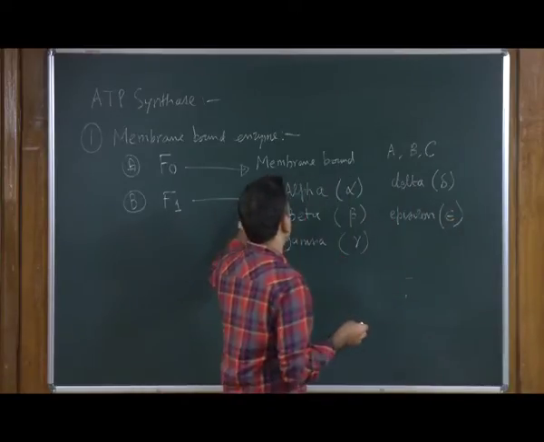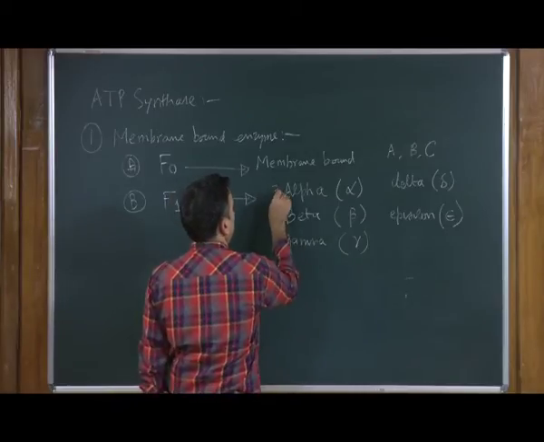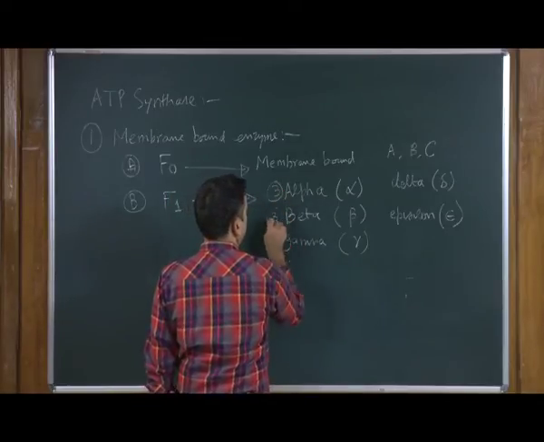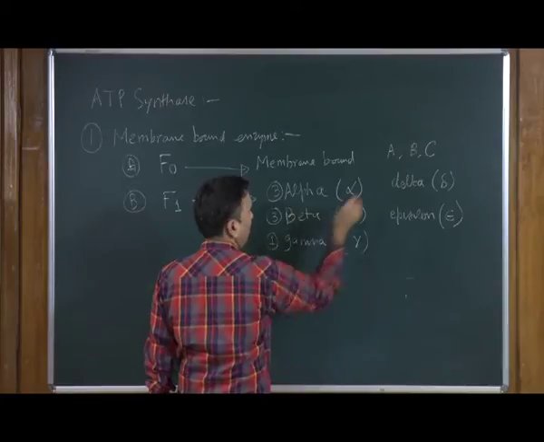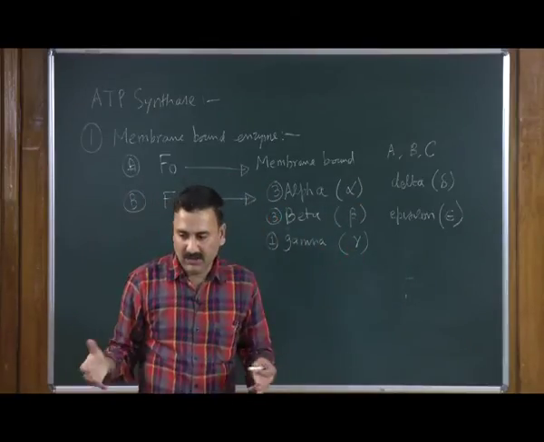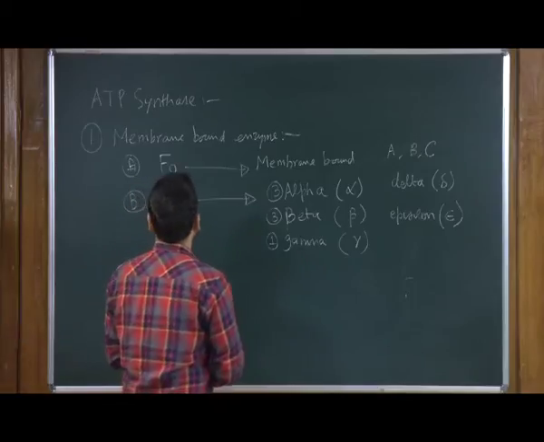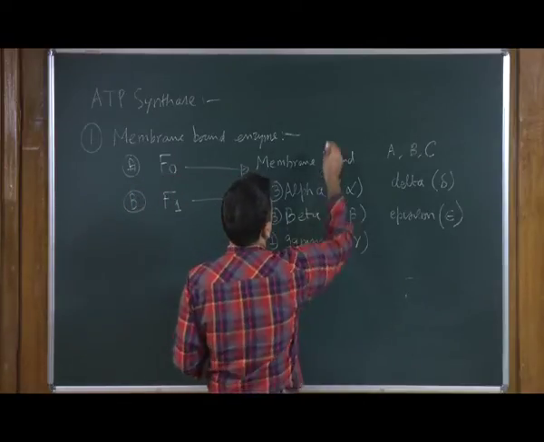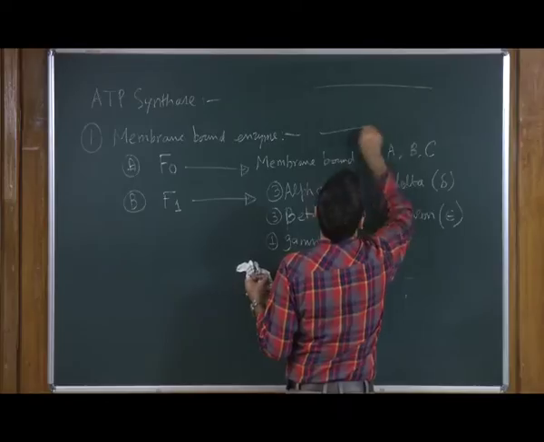Okay. So, there are 3 units of alpha, 3 units of beta, 1 unit of gamma, and 1 unit each of delta and epsilon.